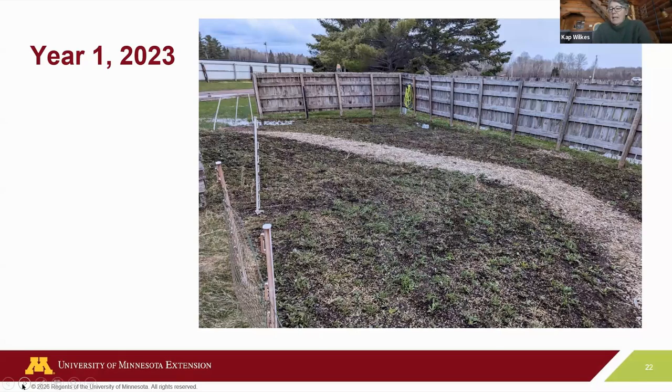This picture was taken in early summer of 2023, so the garden had been growing a year. The plants grew pretty well through the summer, but we didn't have many blooms in this first year. So our garden team focused on watering and weeding to support those young plants.